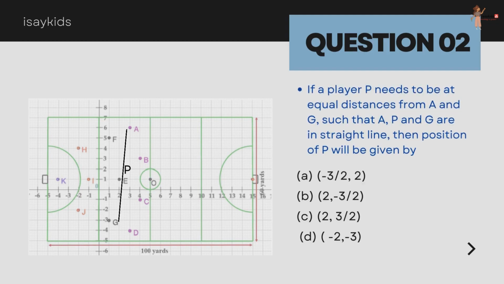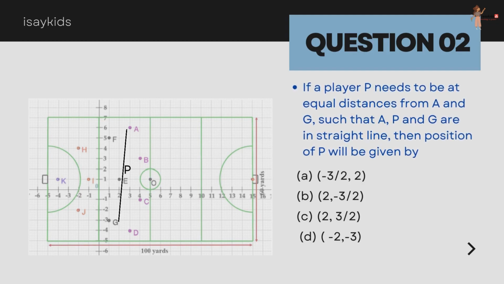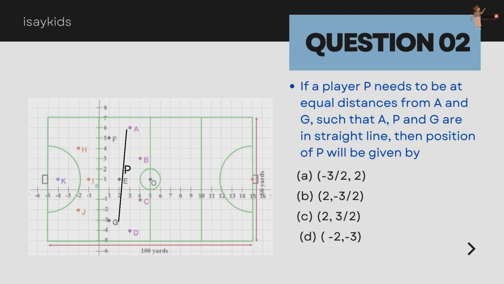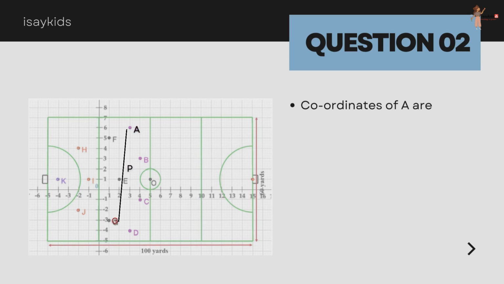Next is, if a player P needs to be at equal distances from A and G such that A, P and G are in straight line, then position of P will be given by. Here we know that the 3 points A, P and G are in one straight line and P is the midpoint of line AG.